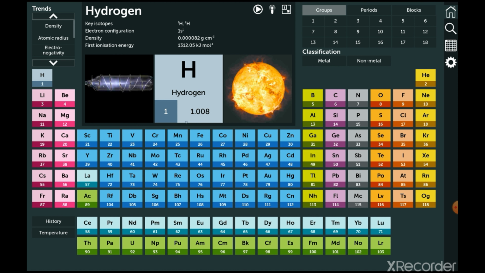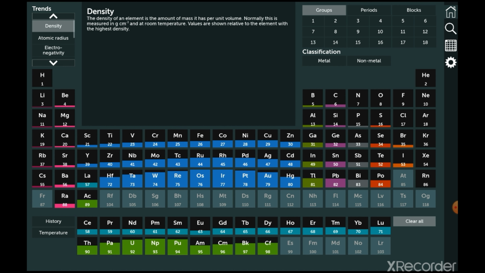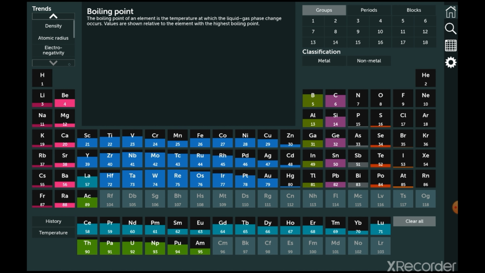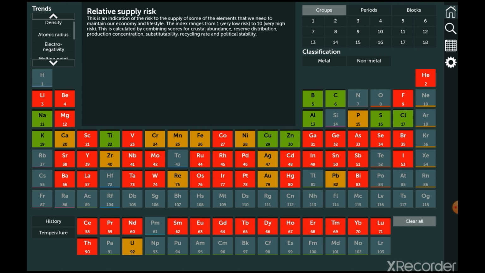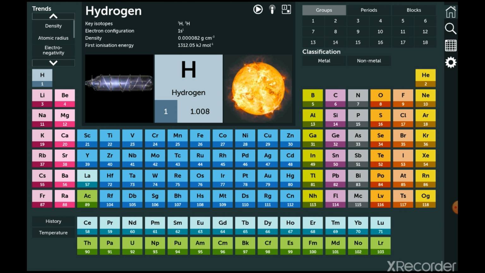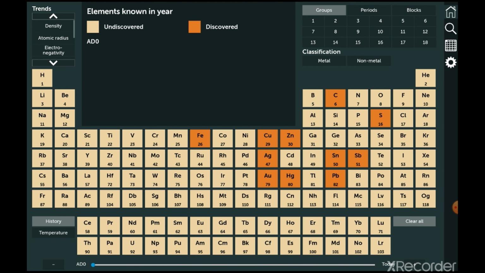So, for example, we are going to look at some of the key aspects: density, atomic radius, electronegativity, melting and boiling points, ionization energies, and so on. Something quite cool about this interactive periodic table app is that you can look at the history of discovery of some of the elements.